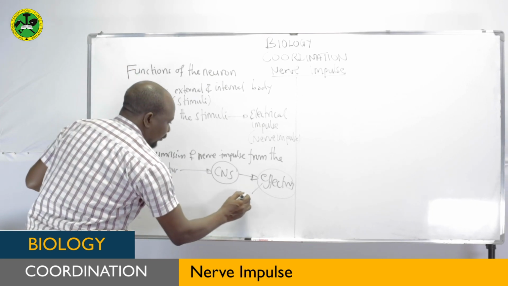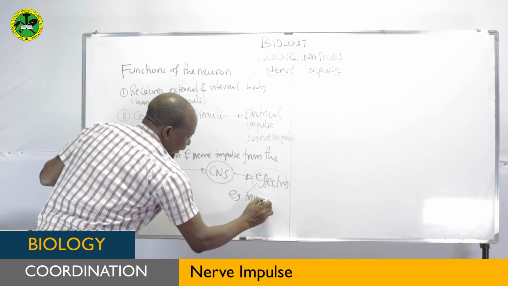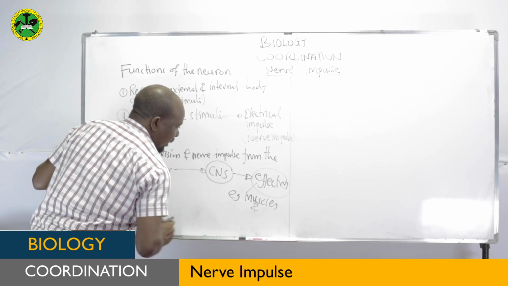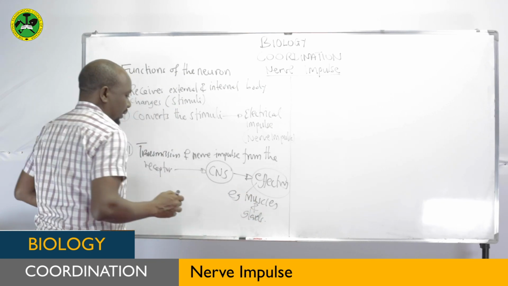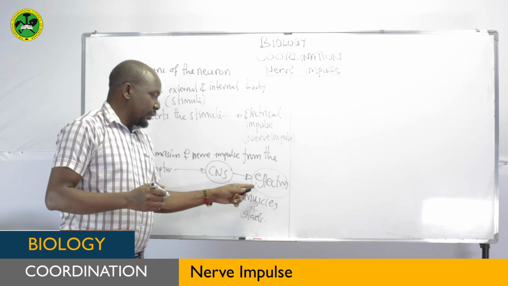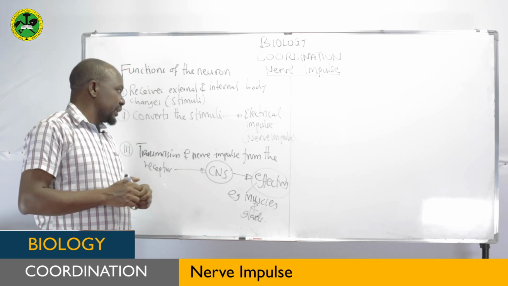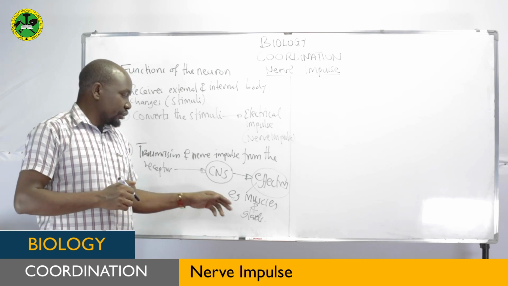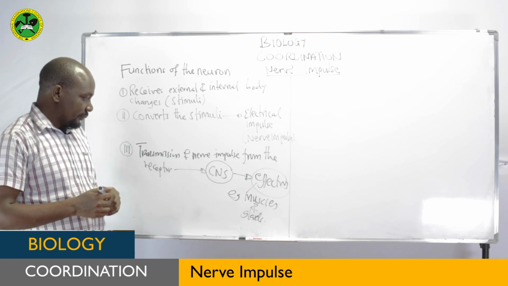Examples of effectors are muscles and glands. So the muscles respond appropriately to the stimuli, and the gland will also respond appropriately.